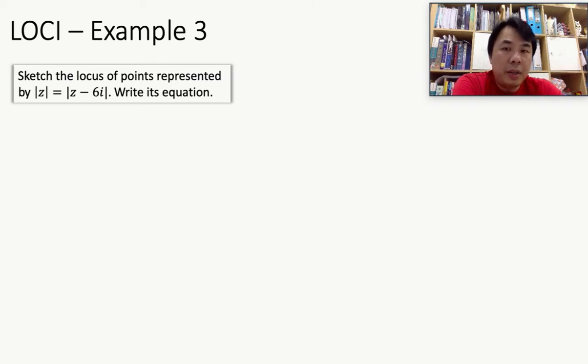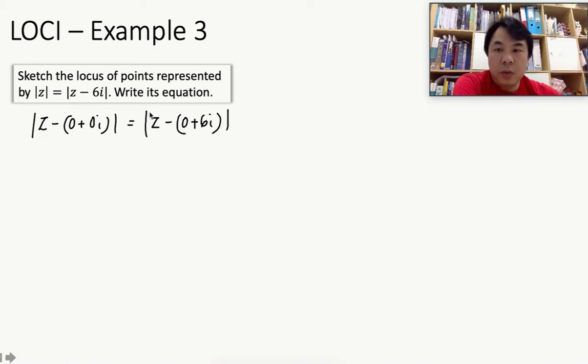Thereafter, we are going to write its perpendicular bisector equation. Before we start, it's always best to write this in this form, z minus 0 plus 0i, just to make some sense of the format that we have written down just now.